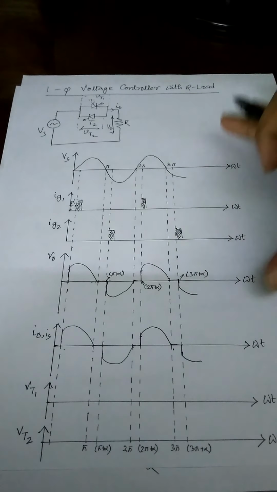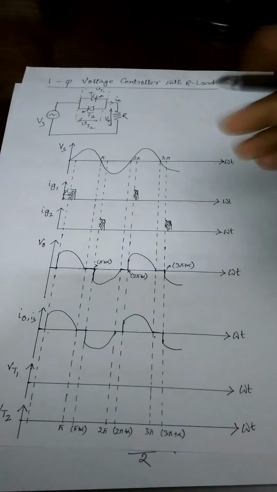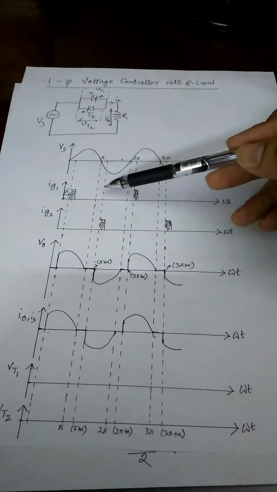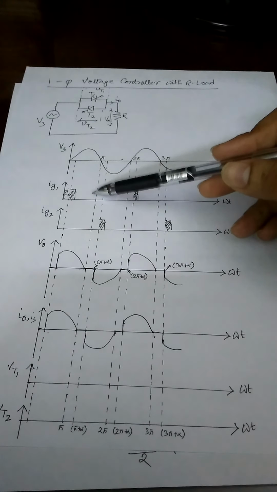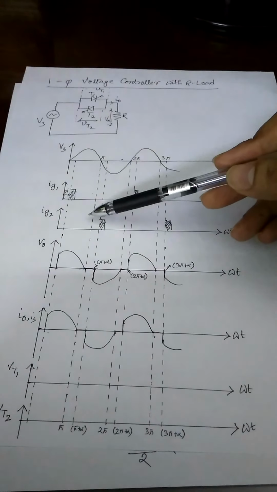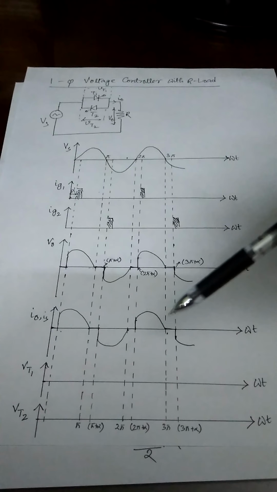So now this is the waveform of source voltage, gate current to thyristor 1, gate current to thyristor 2, the output voltage waveform, and the output current and source current waveform.